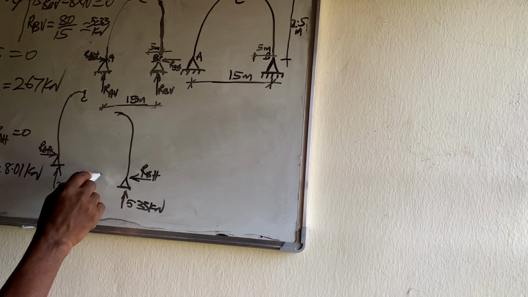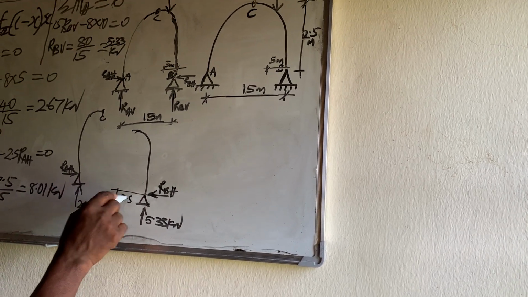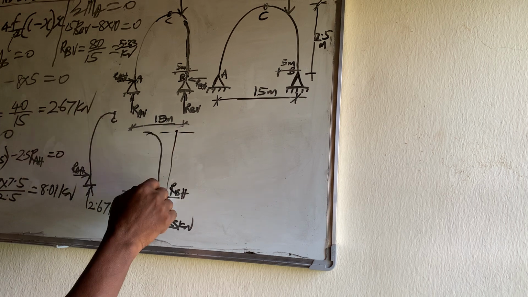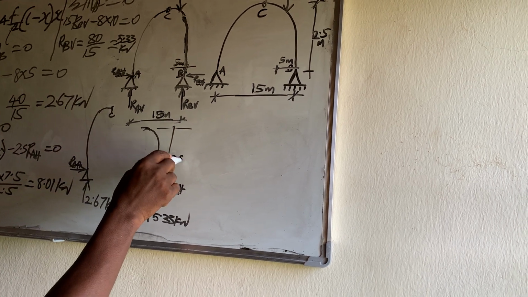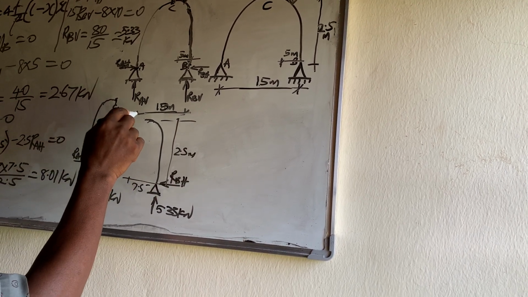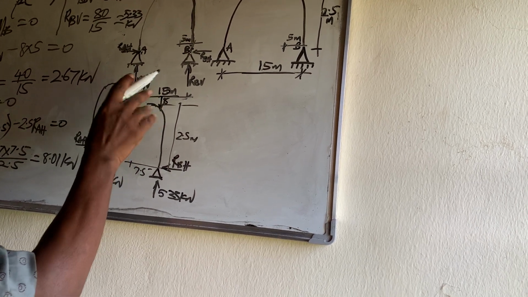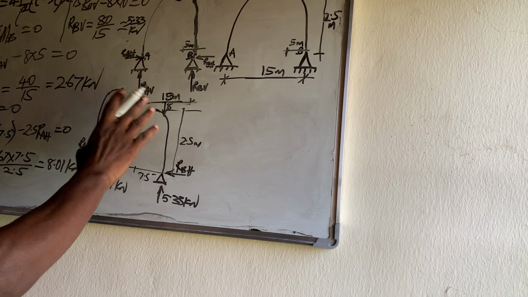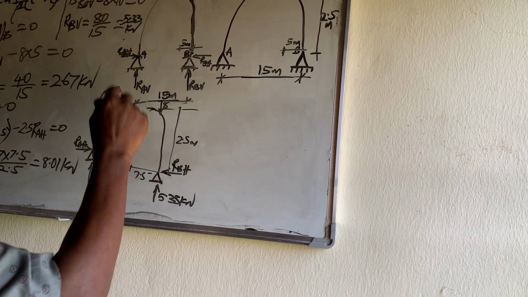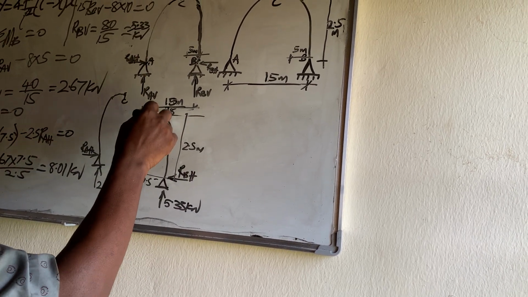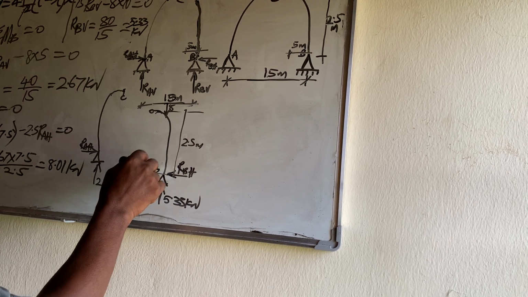The horizontal distance to that point is 7.5 and the vertical distance is 2.5 meters. And remember the load of 8. Do you see that when we cut at C, on the right side, the load comes in, and its distance is 5 meters.